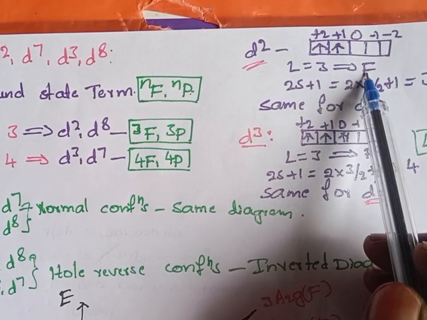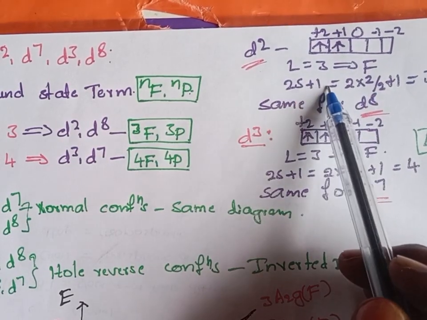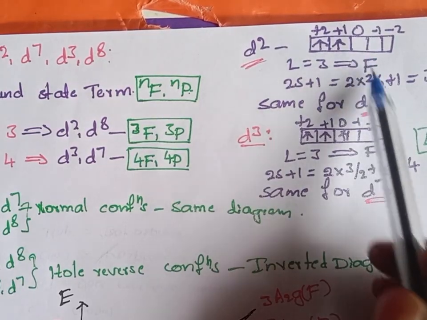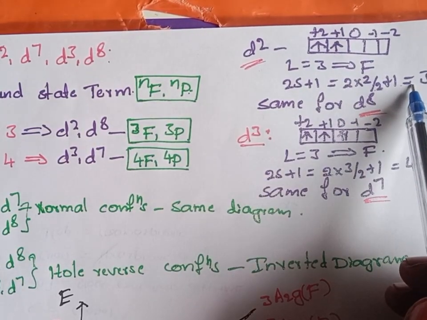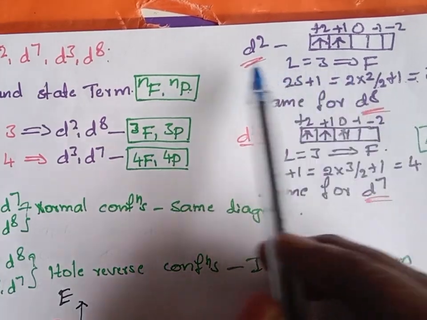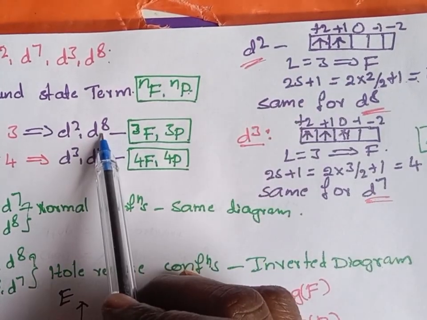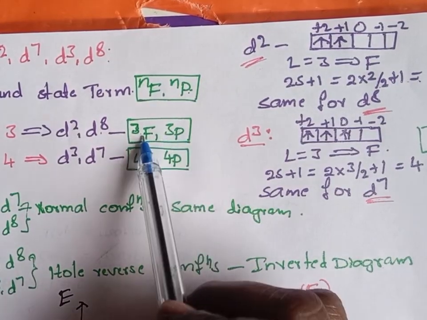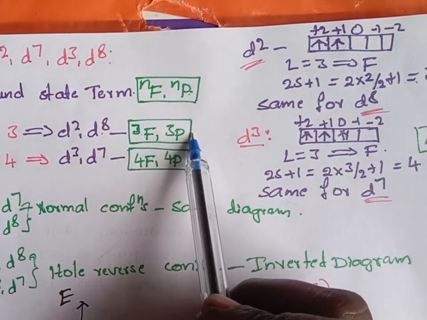Therefore the term will be F. 2S plus 1 is 2 into the number of unpaired electrons, which is 2, by 2 plus 1. So the spin multiplicity value is 3. So 3F. D2, D8 are the whole reverse configurations, so they can have the same type of terms, 3F, 3P.